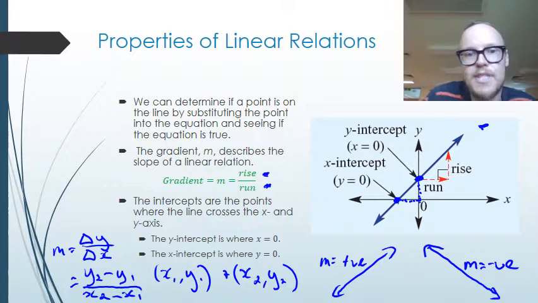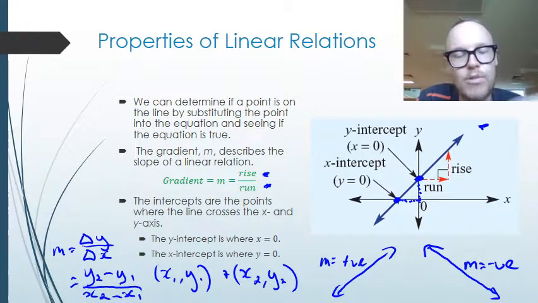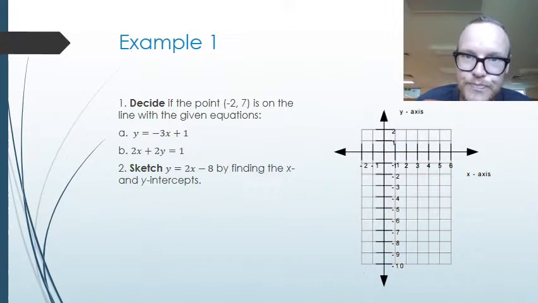So you might have seen the gradient represented in any of these ways. It's all the same. The gradient is describing how much it is increasing or decreasing in the y values and how much it's changing in the x values as it goes across.